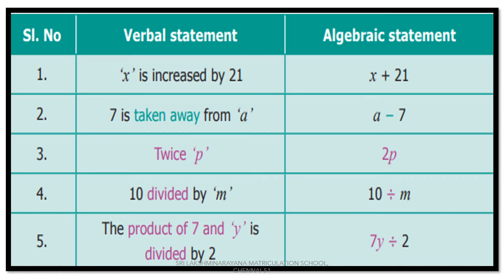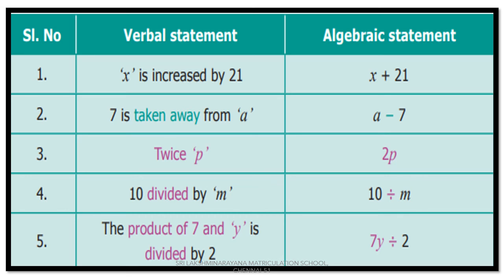In this slide, we are going to see how to convert a verbal statement to an algebraic statement. First one, x is increased by 21. Increased means addition. So, we can write it as x plus 21. Second one, 7 is taken away from a.